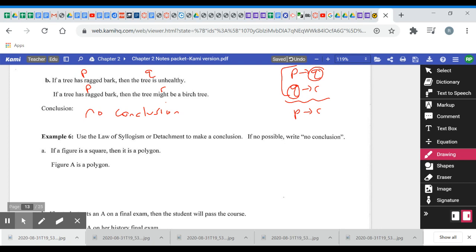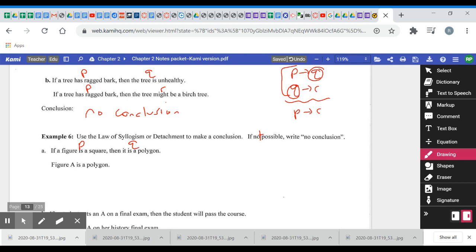Okay, then on example 6, it says use the law of syllogism or detachment to make a conclusion. If not possible, write no conclusion. So on this one, it says if a figure is a square, it's our P, then it's a polygon, Q. And it says figure A is a polygon.